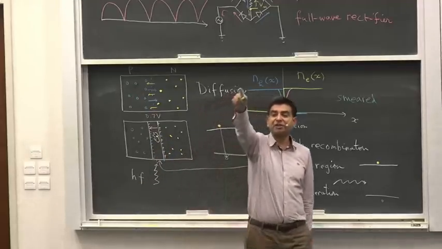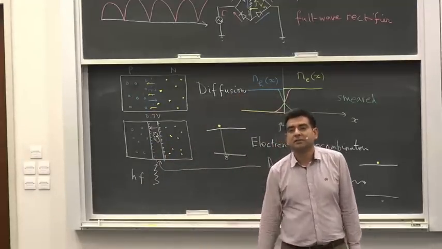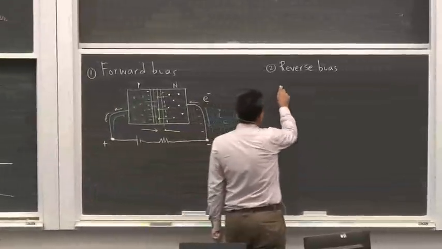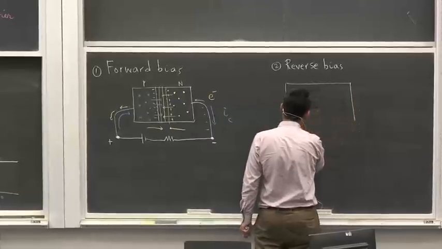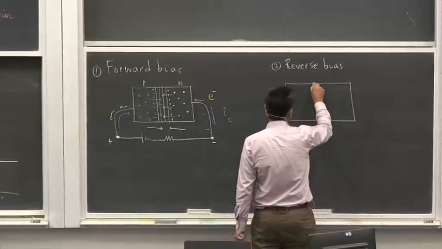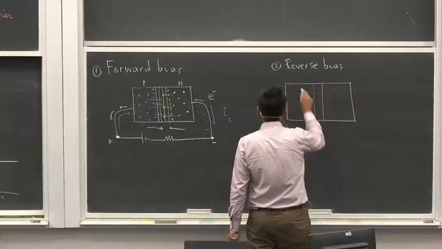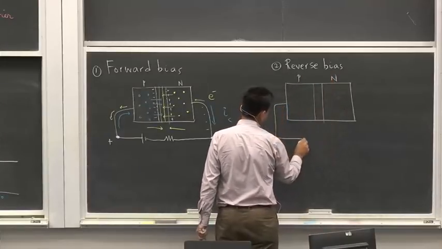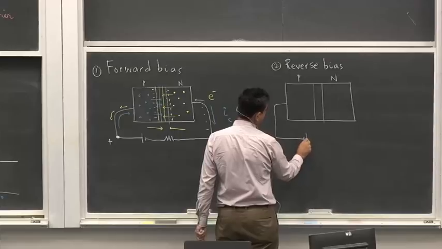Yes, this was a question at the back. So in reverse bias, what's going to happen is the exact converse of the process that we've already seen. This is the p-type, the n-type, and I put a negative terminal of the battery here.